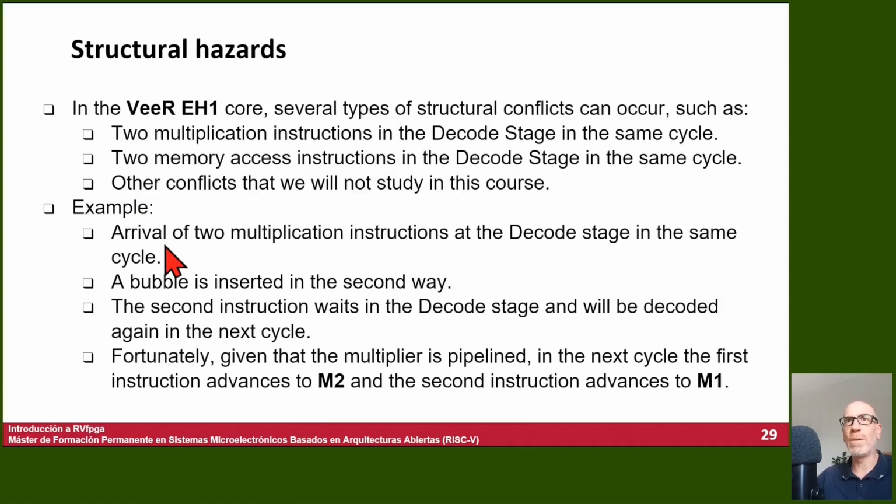For example, in the first case with 2 multiplications reaching decoding, we'll insert a bubble in the second path, and the second multiply instruction will wait in decoding. Since the multiplier is pipelined, when the first instruction moves to M2 for execution, the second can enter the first multiplication stage M1, so we only lose one execution cycle.